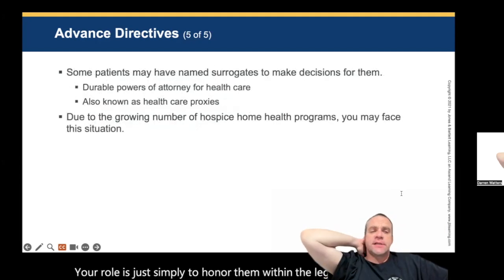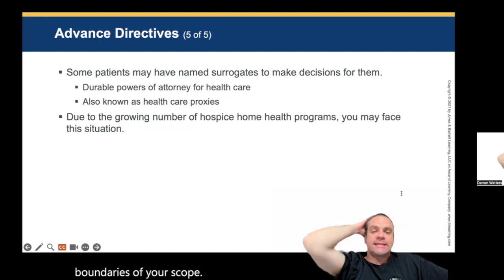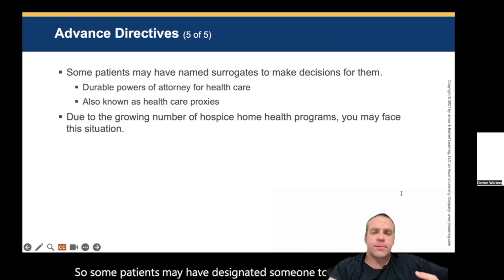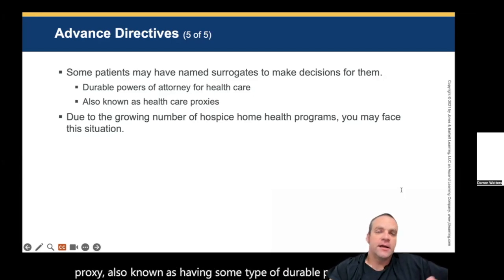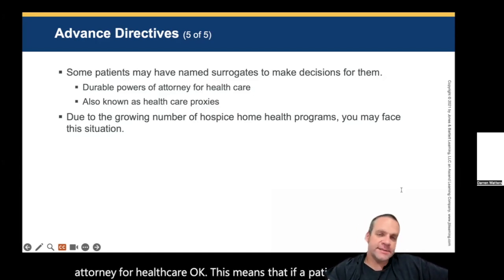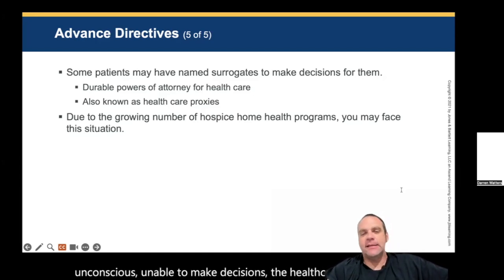Some patients may have designated someone to make the decisions for them. This person is usually called a healthcare proxy, also known as having some type of durable power of attorney for healthcare. This means that if a patient becomes unconscious or unable to make decisions, the healthcare proxy will step in and legally speak on their behalf.